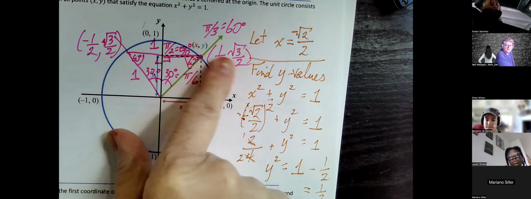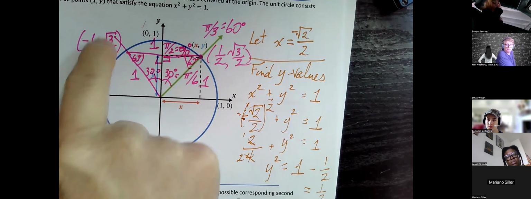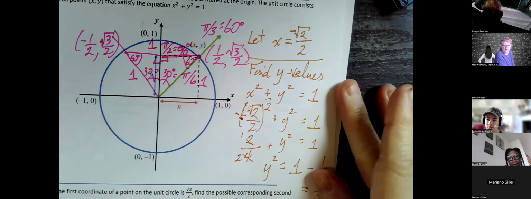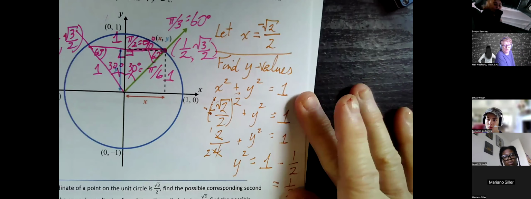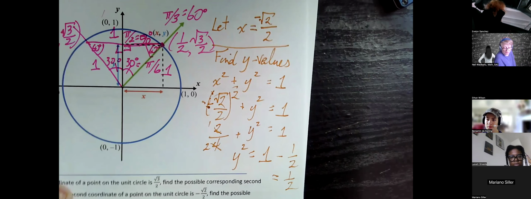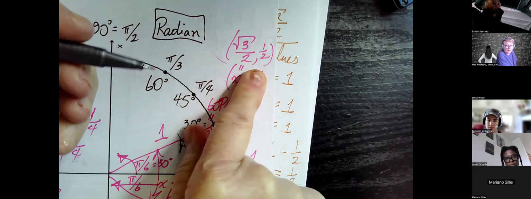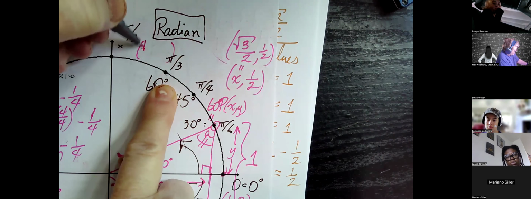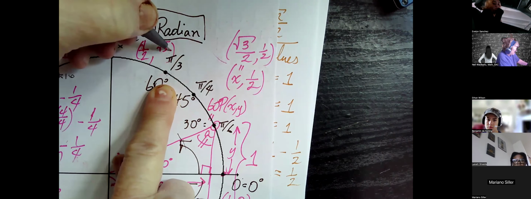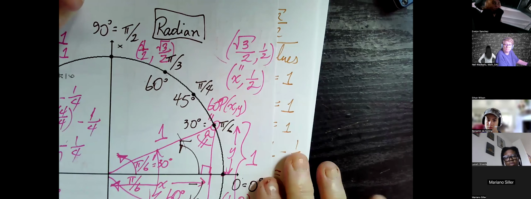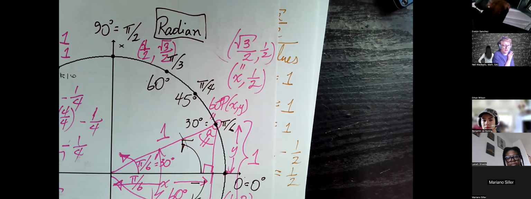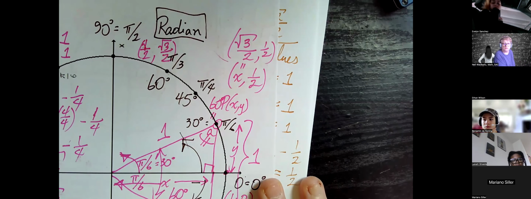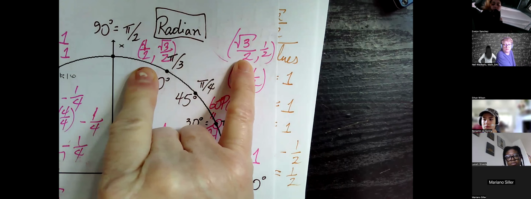And this one is still positive because we're still positive on the y-axis. So this is a really beautiful thing about the unit circle. 30 degrees is square root of 3 over 2, 1/2. 60 degrees is 1/2, square root of 3 over 2. So just flipped. There's symmetry absolutely everywhere on this circle, and that's one of the places.